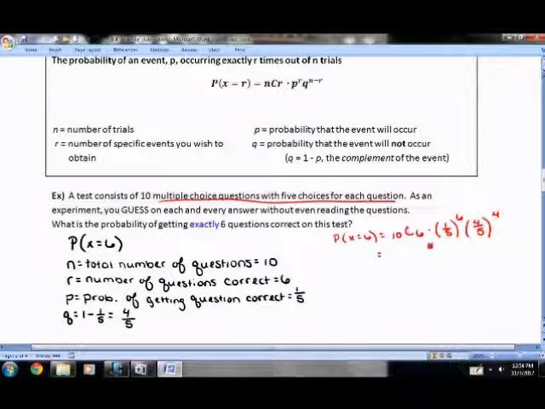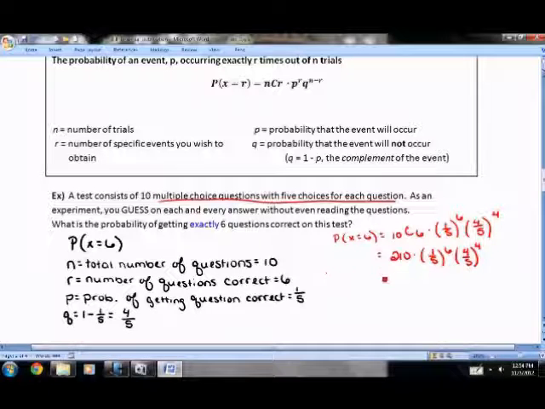So you have your 10 choose 6. Your 10 choose 6, if you put it into a calculator, is 210, times 1/5 to the 6th power, times 4/5 to the 4th power. Be very careful when you plug this into a calculator. Make sure you have parentheses around your fraction, otherwise you will come out with the wrong answer.